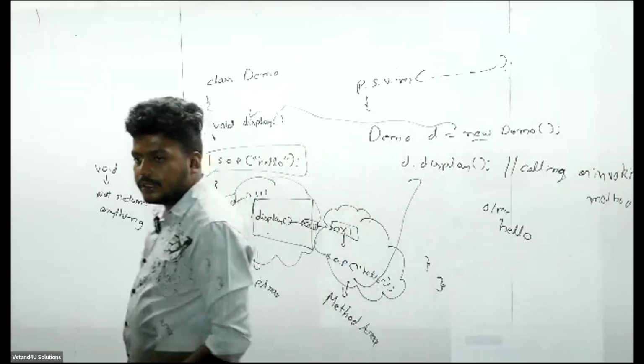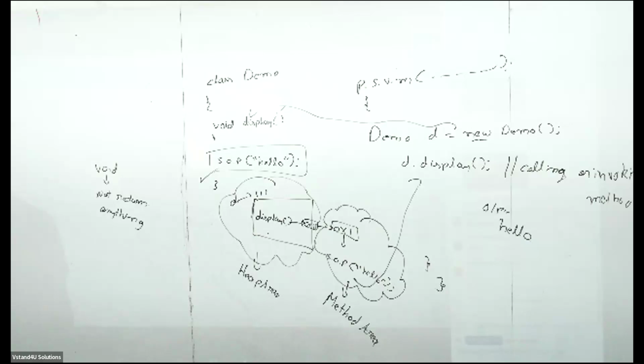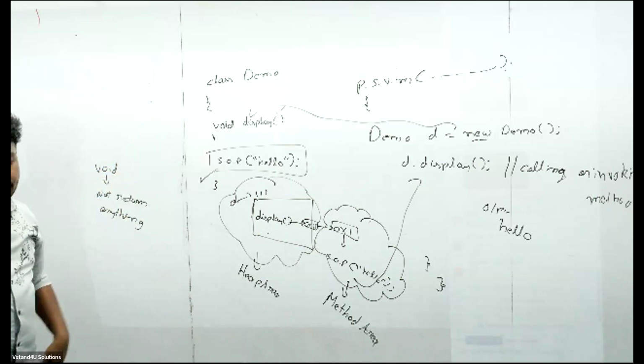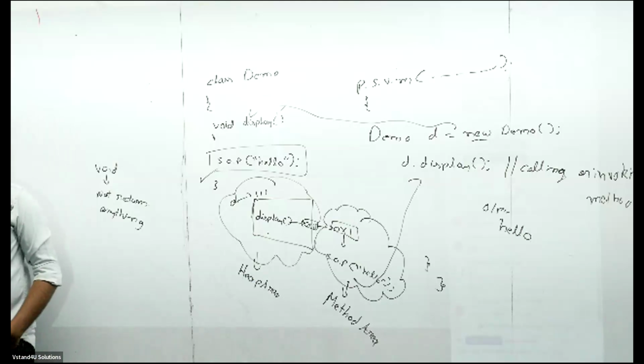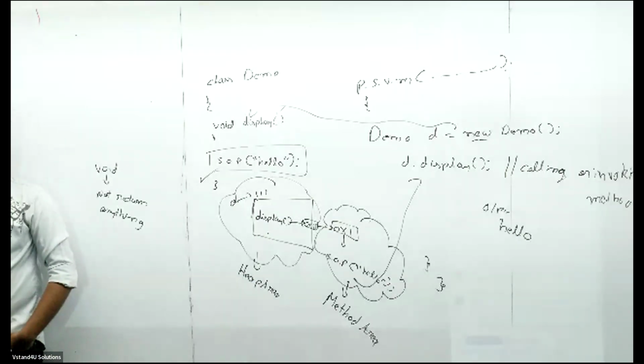Any doubts in this? Any doubts, guys? Did you guys understand? Do I need to explain once again? Understood? Online class students, this is the first way to declare methods. Everyone open your laptop, write a program, and show me the output.